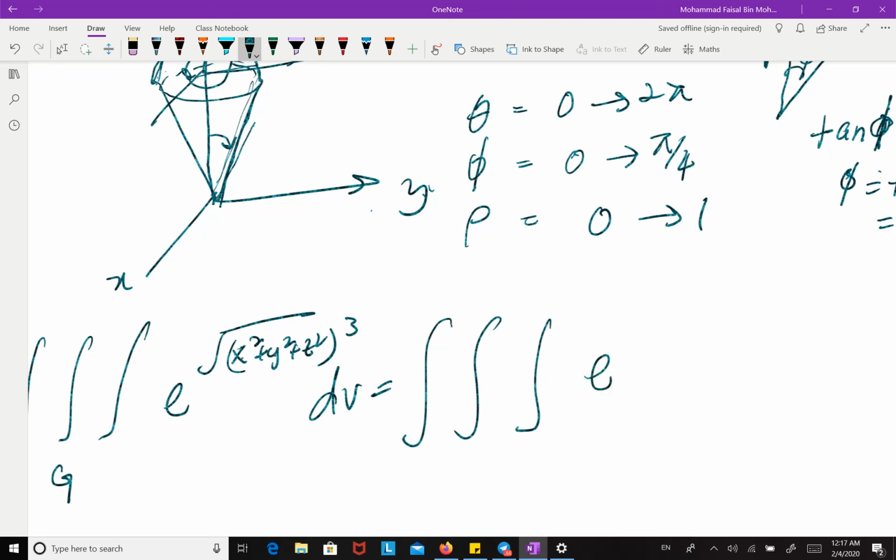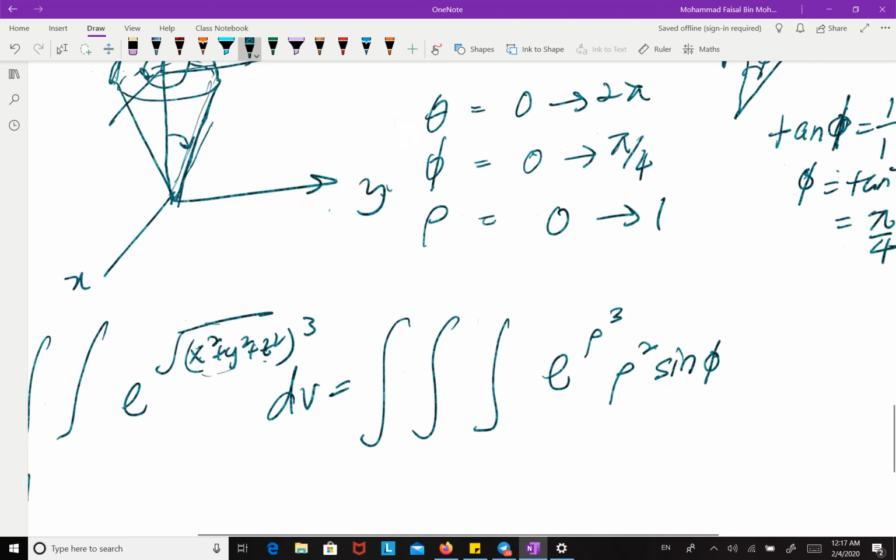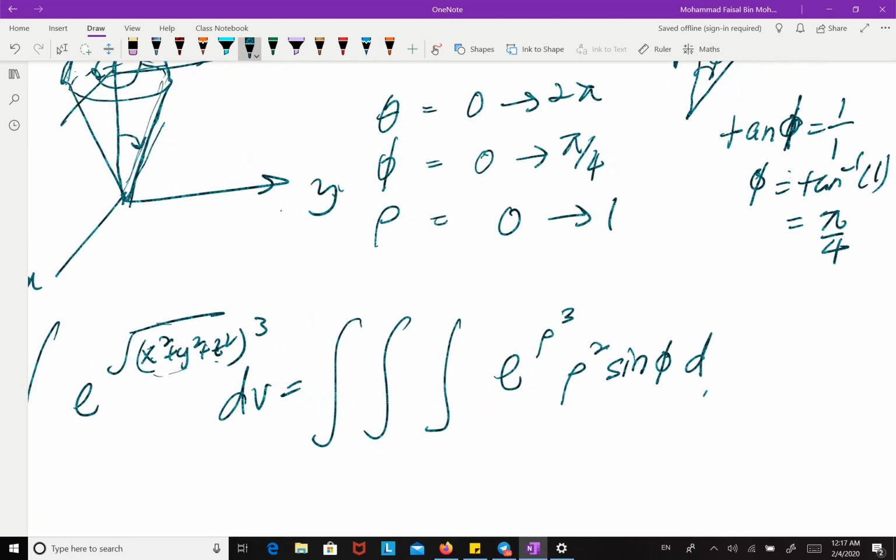Remember, x squared plus y squared plus z squared is rho squared, so the square root of rho squared cubed will be rho cubed. Then remember, your dV will be rho squared sine phi d rho d phi d theta.